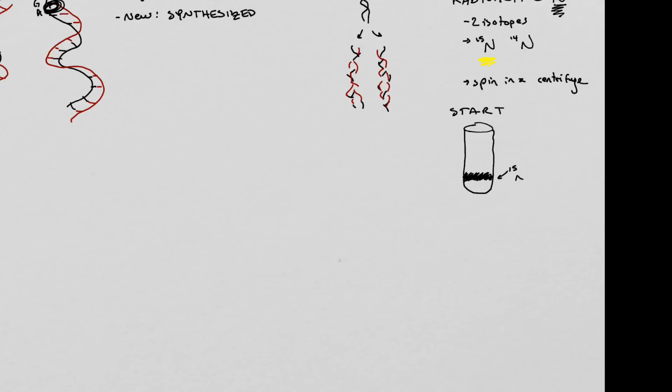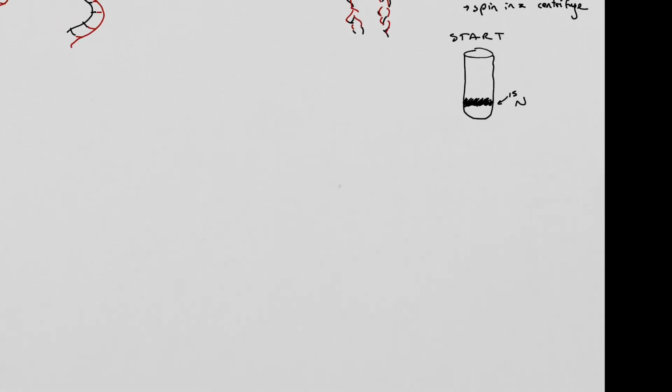And this was all nitrogen 15. So depending on where all of this DNA ended up, they could have an answer. Okay? So how does this work? Let's do some predictions now.